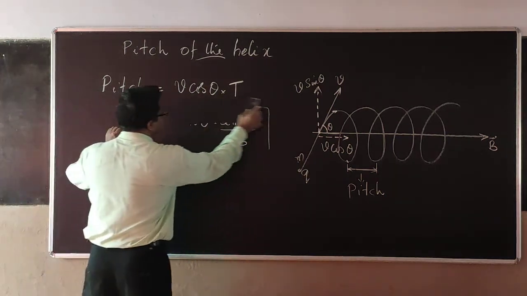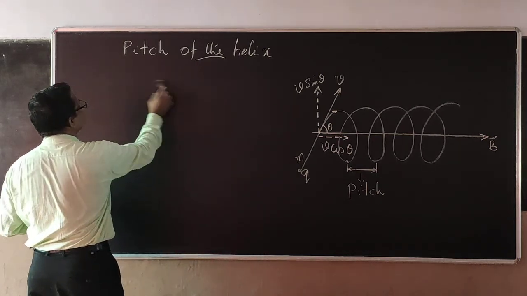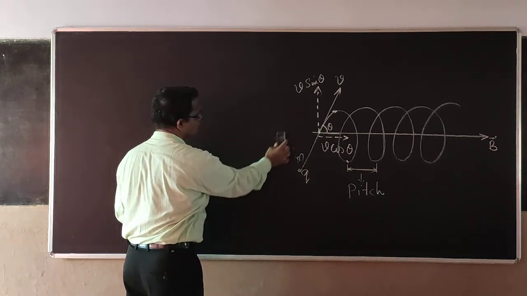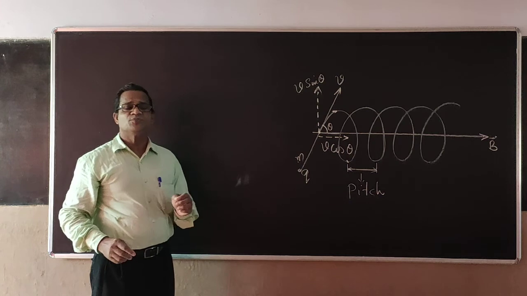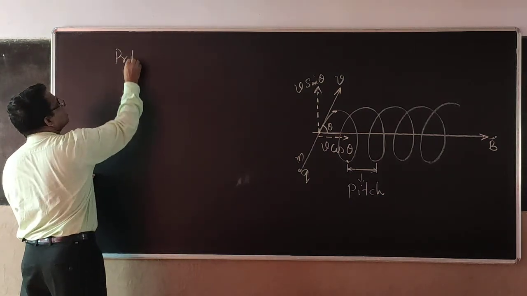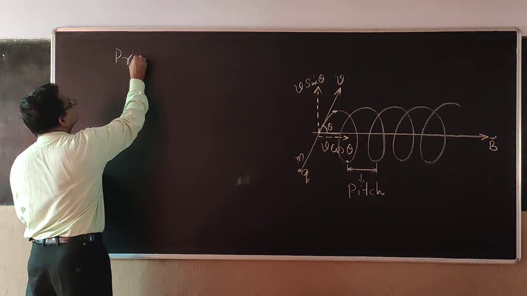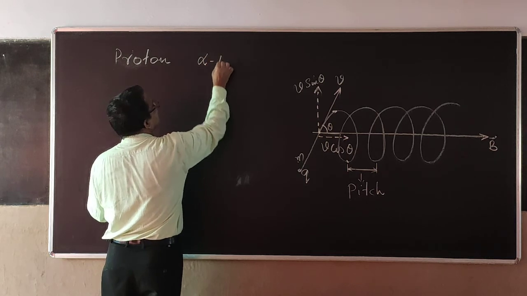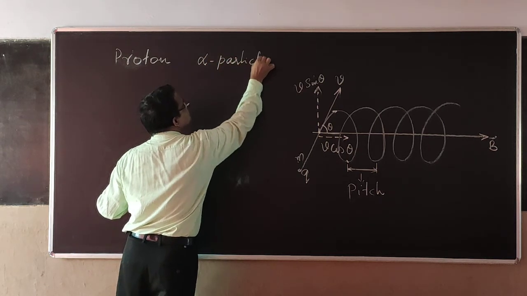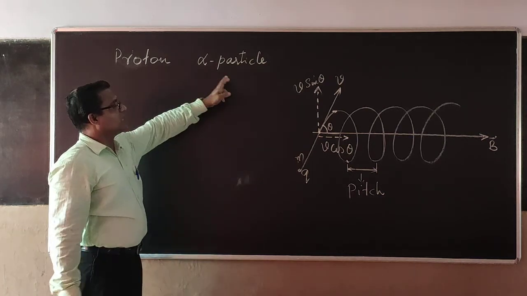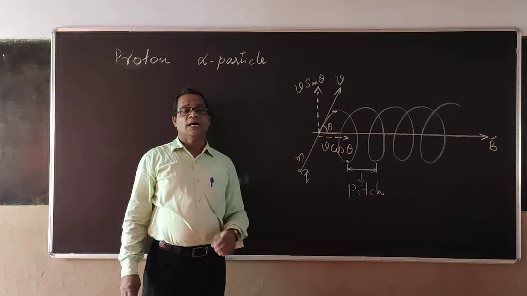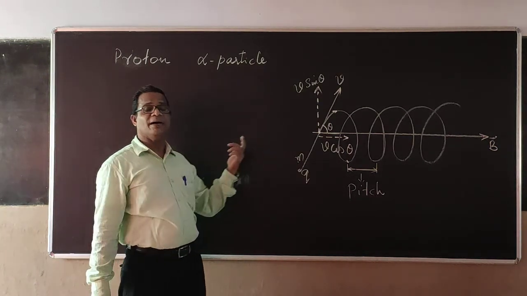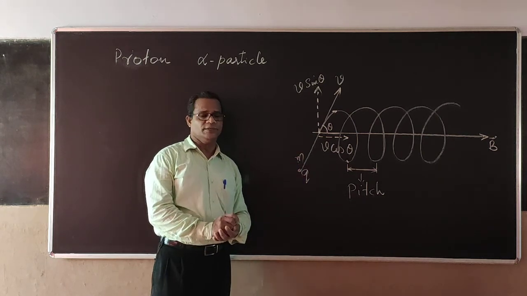The problem, just as an example I am taking, is that a proton and an alpha particle having the same kinetic energy are entering into a magnetic field perpendicular to it.